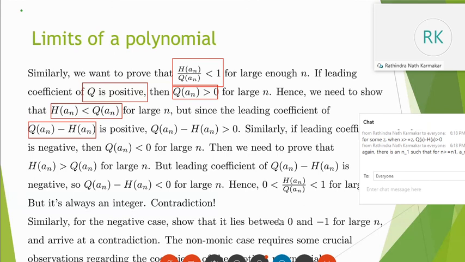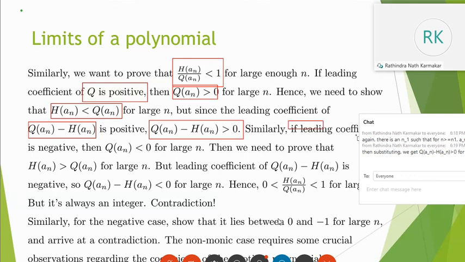Then substituting again, we get q of an minus h of an is greater than 0 for n greater than or equal to n naught. That means for sufficiently large n, q of an minus h of n is greater than 0, and that is what we wanted to prove. This shows that h of n is less than q of n, and by dividing by q, we get h of n by q of n is less than 1.